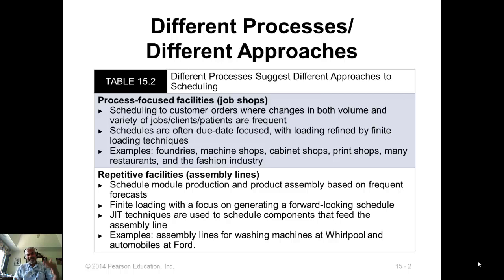Now, the second environment is repetitive facilities, and this is where you have a fairly narrow range of products, and those products are produced in an assembly line. Since this is a narrow range of standardized products, you will have high volume: high volume, relatively narrow range of product lines.